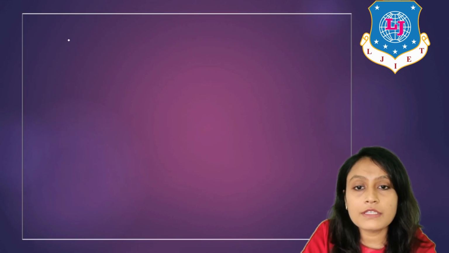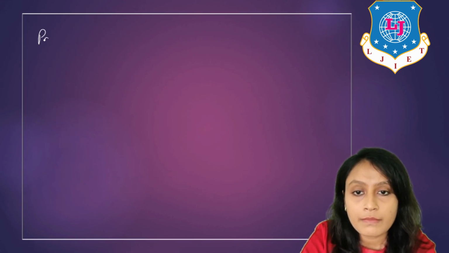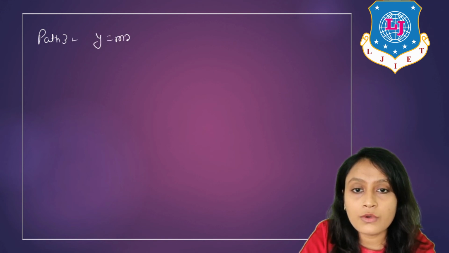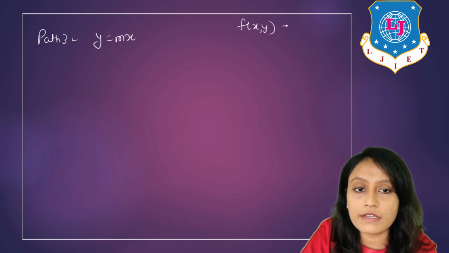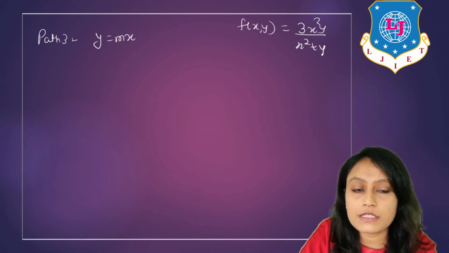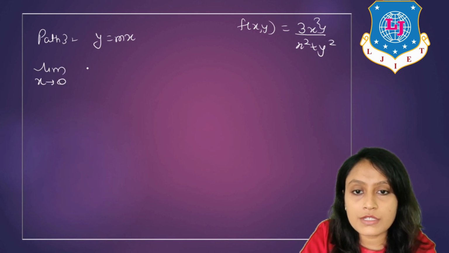Next we apply path 3, which means we write y equals mx in place of y. The function f(x,y) is 3x square y upon x square plus y square. Now we apply the limit, so we get limit x tends to 0.